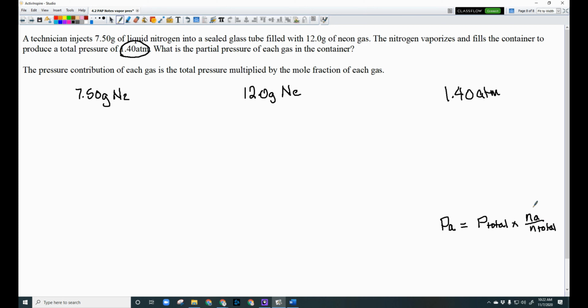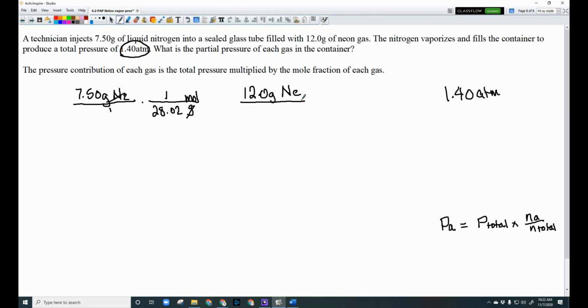So what we have to do here is find the moles of each gas. So if we have 7.50 grams of nitrogen gas, we need to change that to moles. So grams are on the bottom, moles on the top. So 1 mole of nitrogen gas, well, if each nitrogen is 14.01, then 2 is going to be 28.02. And so grams is going to cancel, leaving you moles.